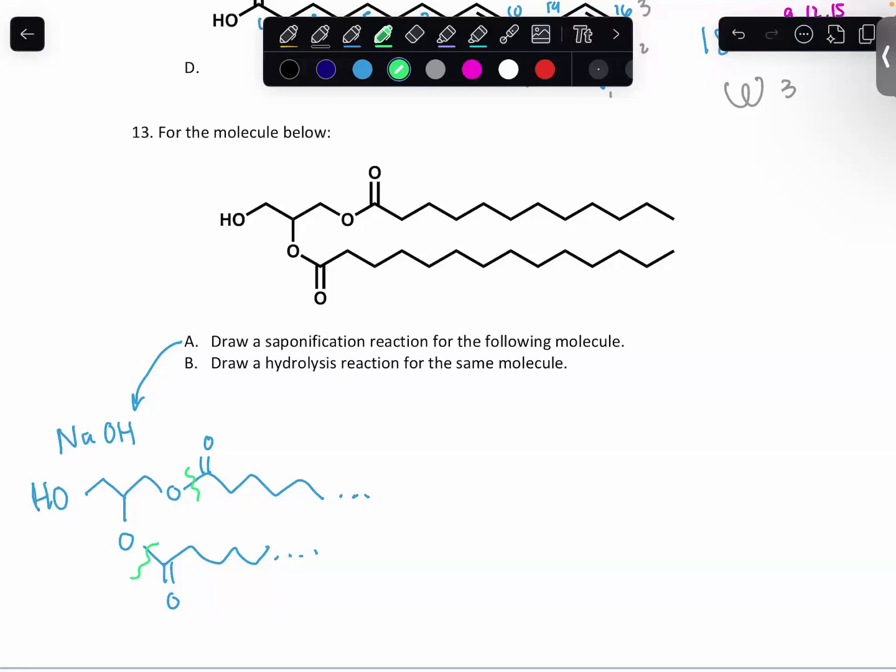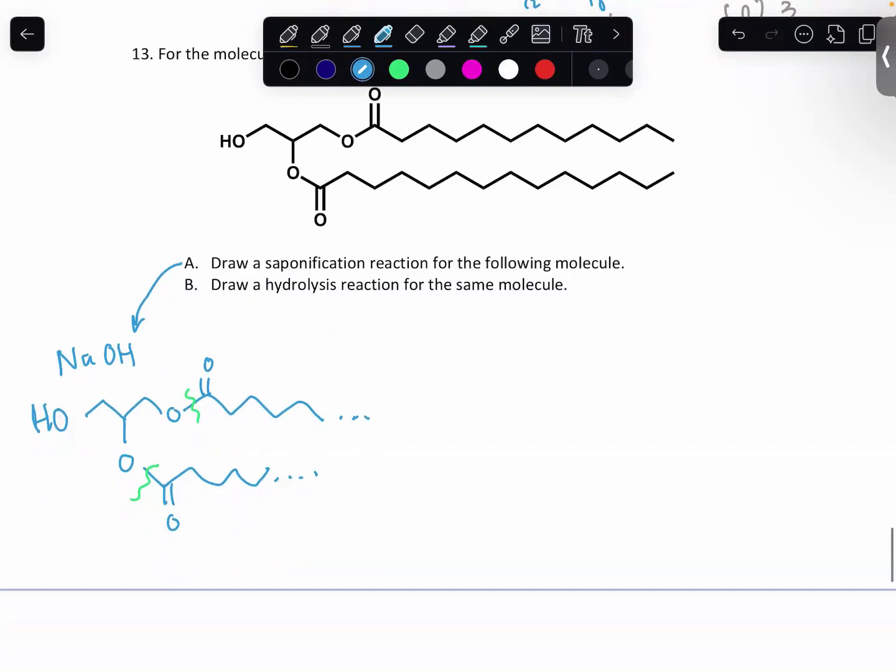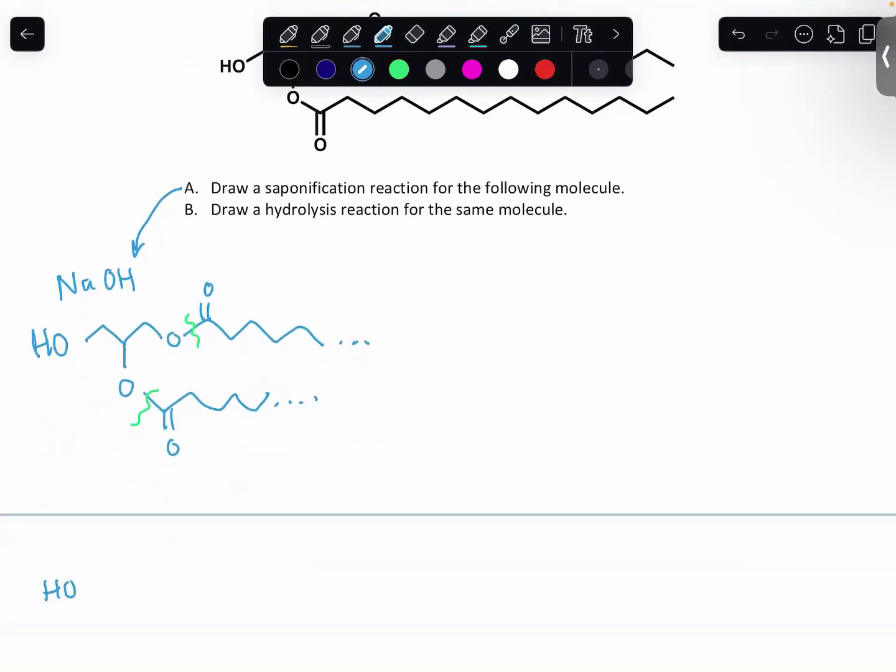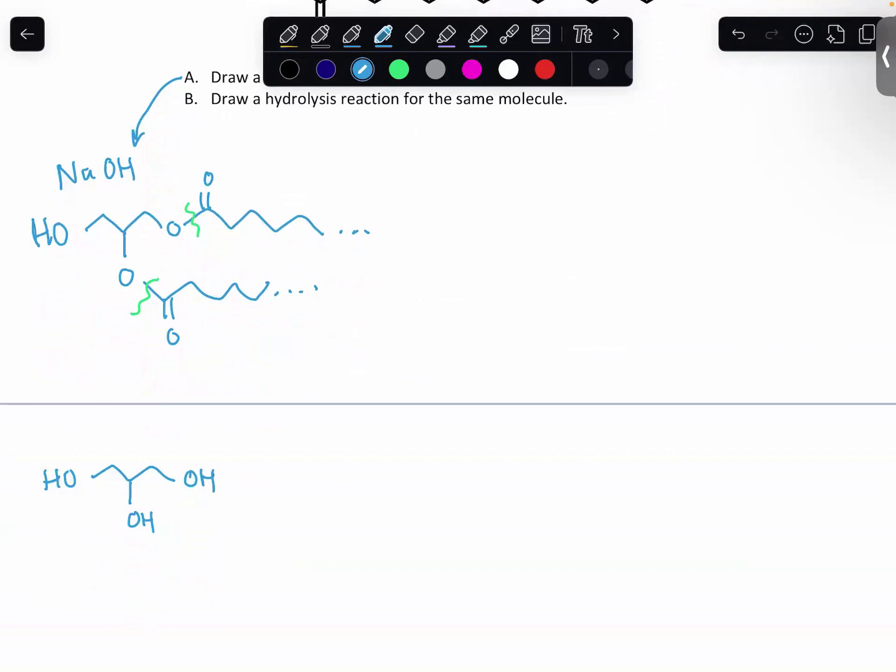How many molecules are we going to make at the end of this? 3. What am I missing here? The Na's.